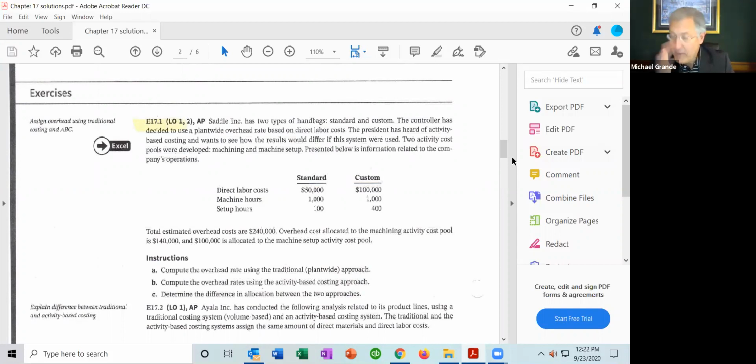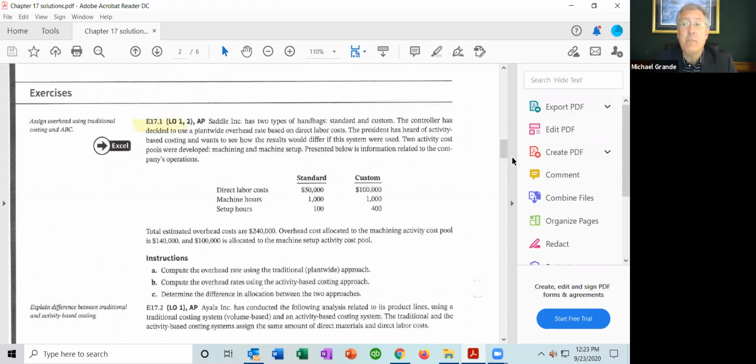But let's remember what activity-based costing is. It's using multiple activity rates to allocate manufacturing overhead to our product. So we have traditional costing and we have activity-based costing. Traditional costing uses one single plant-wide predetermined overhead rate to allocate manufacturing overhead to its product.